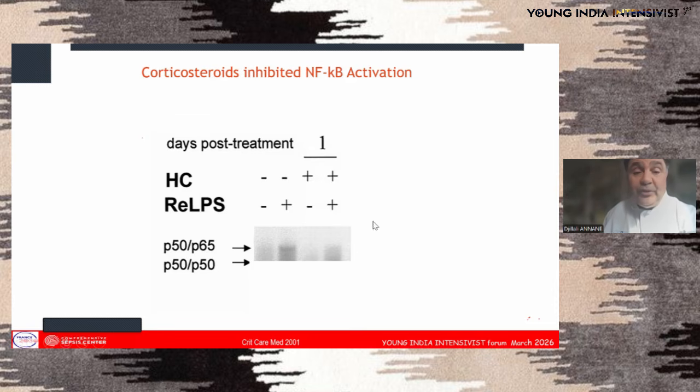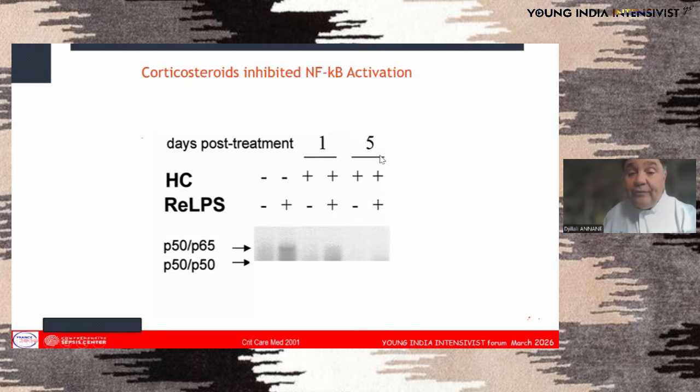Now they treated the patients with hydrocortisone for 1 day, and they took the monocytes from the blood again and repeated the analysis ex vivo. What they found is that before LPS exposure, there is a substantial reduction in the amount of NF-kappa B produced, and stimulating the monocytes ex vivo with endotoxin still increases NF-kappa B a little bit, but much less than at baseline.